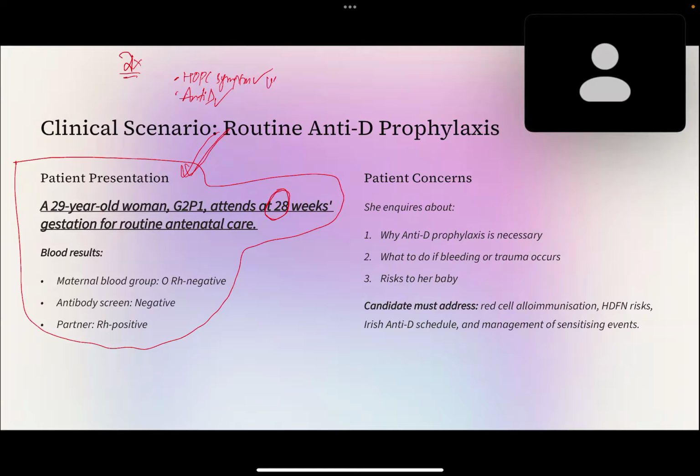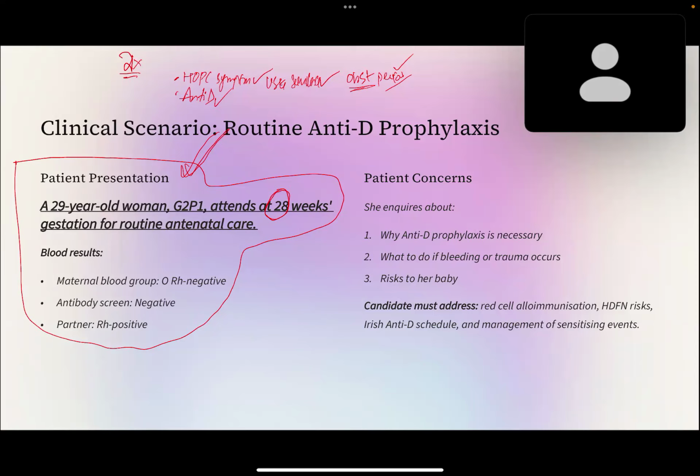I would ask about her previous pregnancy, what the mode of delivery was, and whether there were any complications. What was the blood group of the baby born? And did she receive any anti-D prophylaxis after birth?